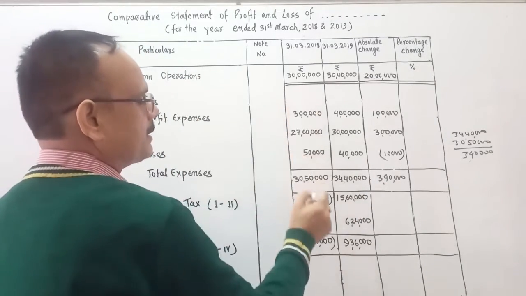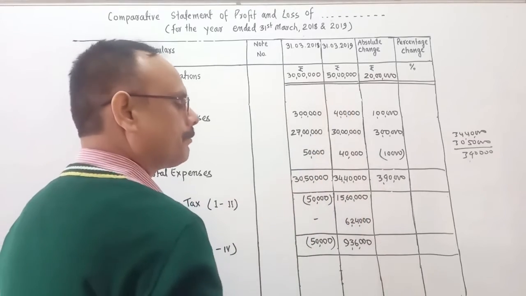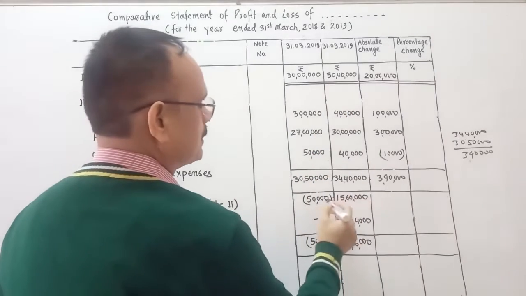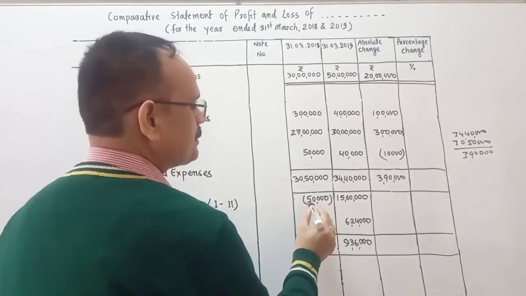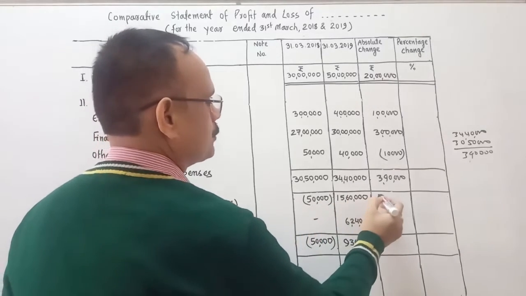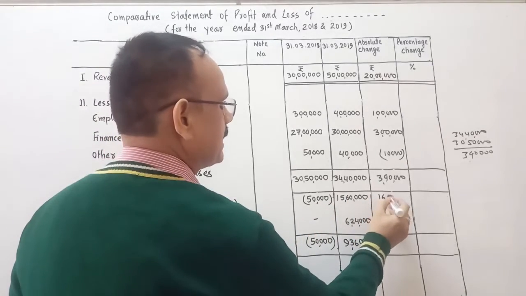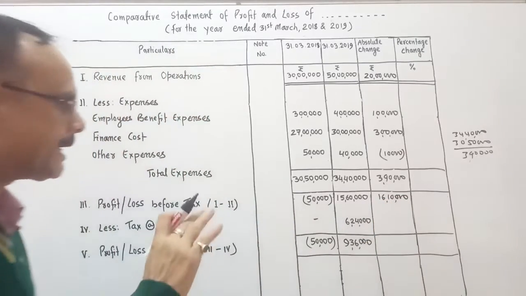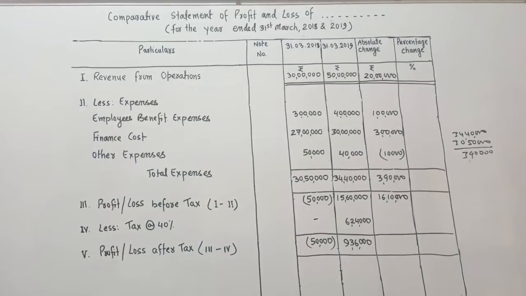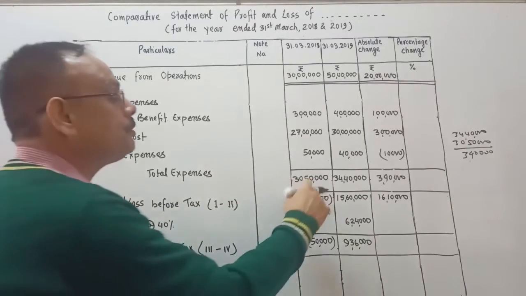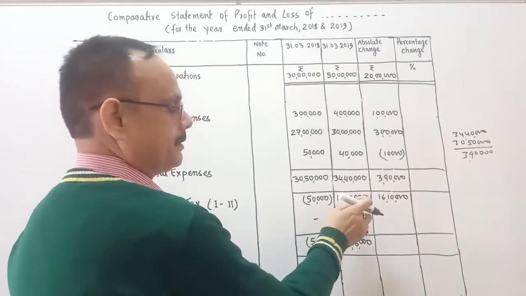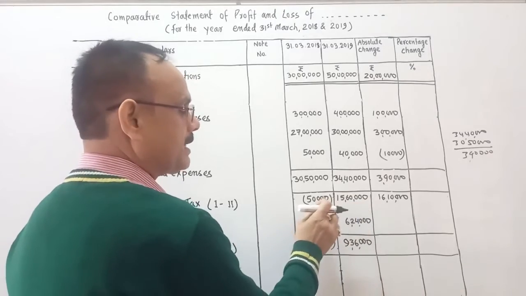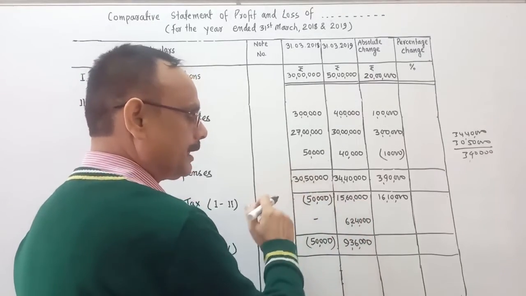Now this minus this, we have already done, is net profit before tax. See the difference here: minus 50,000 and this is plus, so it is 16 lakh 10,000. The figure is converted from minus to plus, so you do the addition.